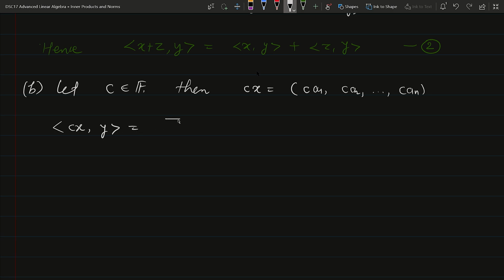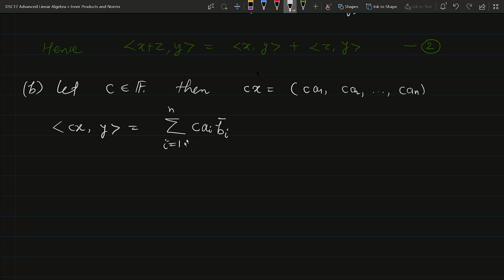That is nothing but the summation of i running from 1 to n, and you need to choose the first element from cx and then take the first element from y and take the bar of that element of y. So I am writing this c ai, this is the ith element, this is the ith element from y and the bar of this element.